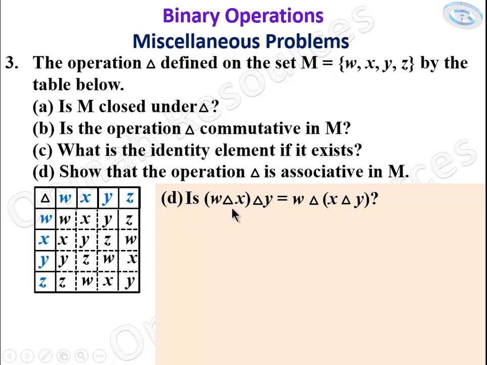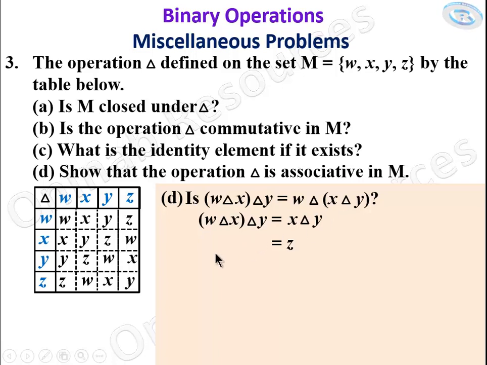So we start from the left hand side, which is W operation X in bracket operation Y. What is W operation X? It gives X, then operation Y. X operation Y is equal to Z. So we have gotten the left hand side.